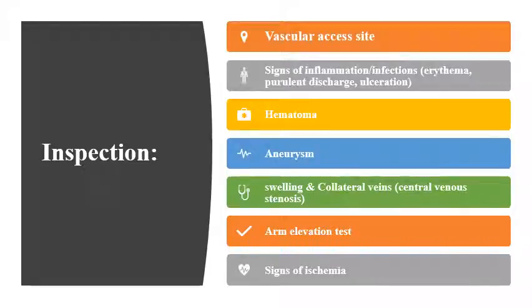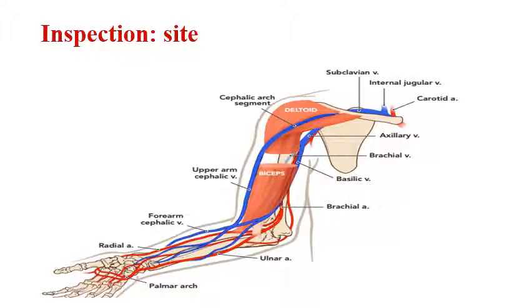So number one is the site of the vascular access. We have three sites where the vascular access can be performed. Number one, between the radial artery and the cephalic vein.